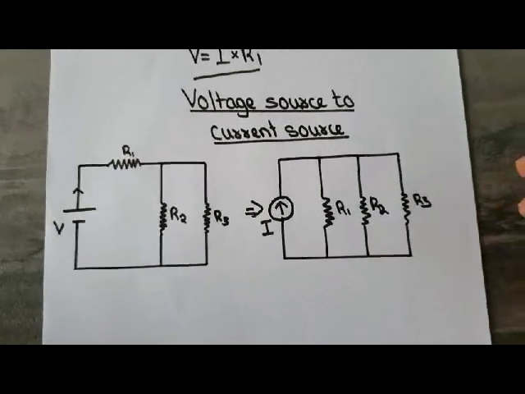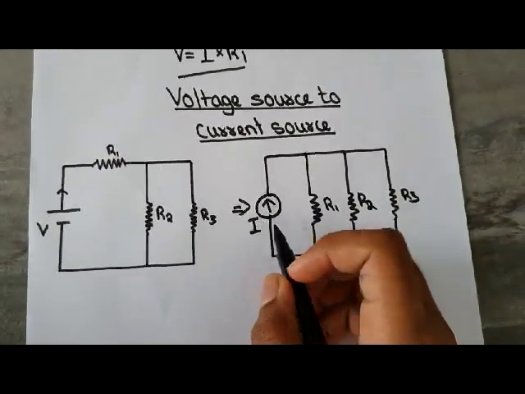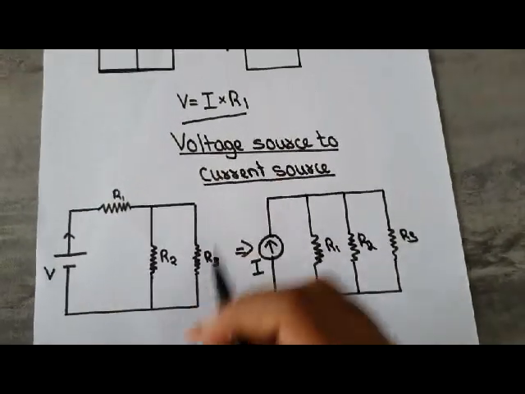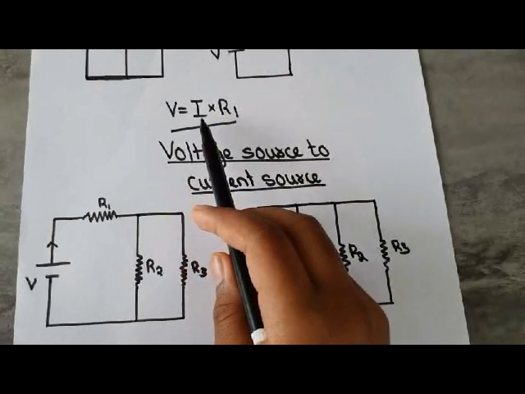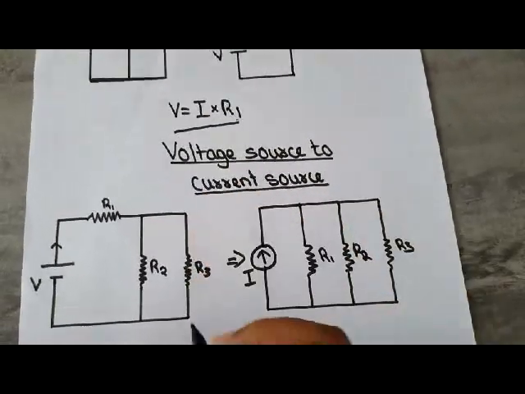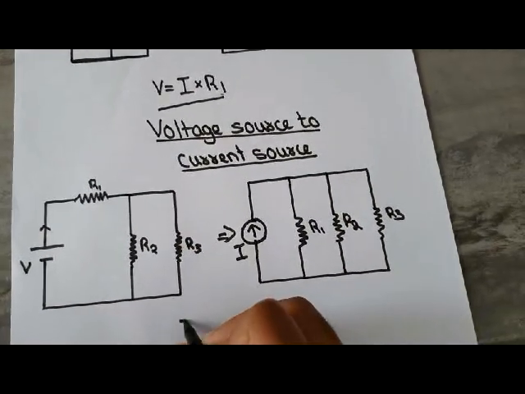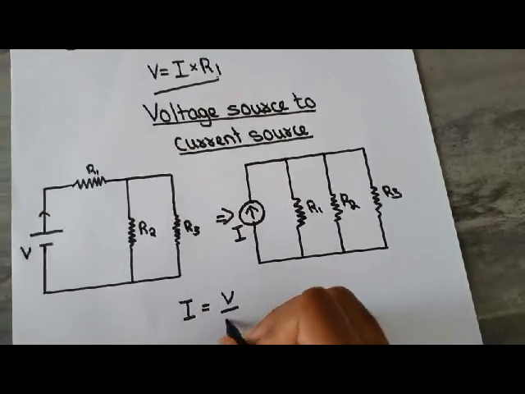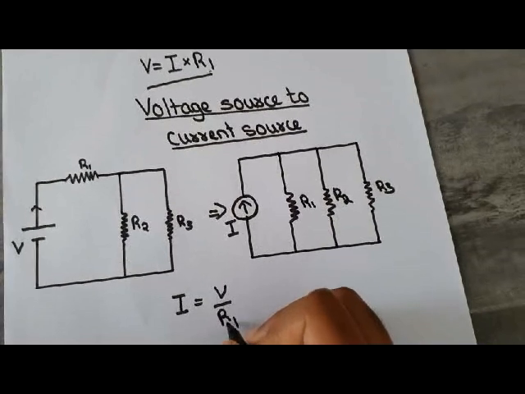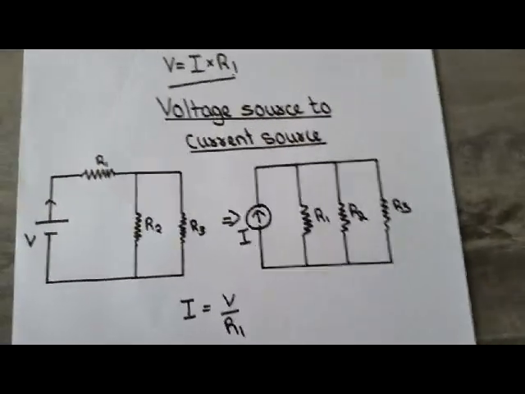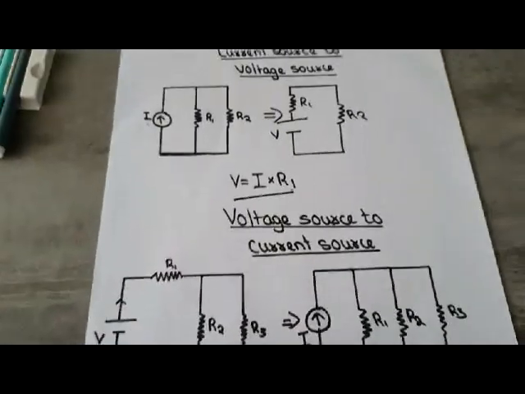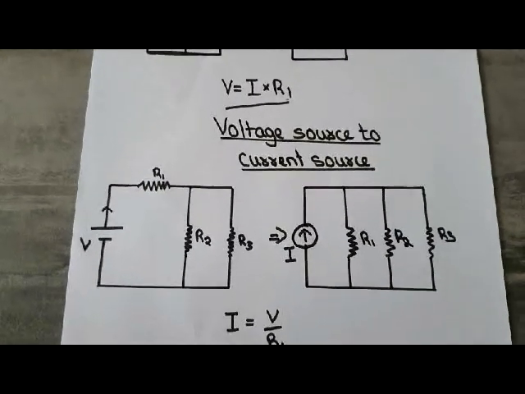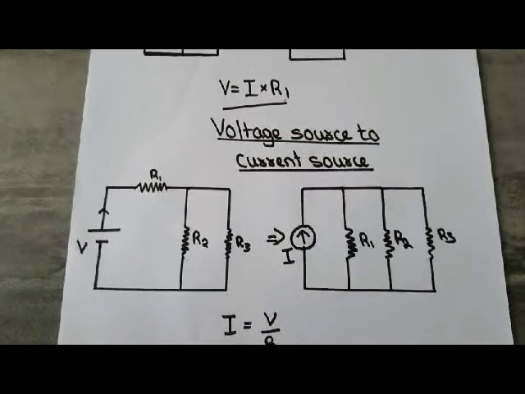We should find the current value I. If you know the voltage value, it's easy to find the current value like we used here: V is equal to I into R. You just rearrange the formula, I is equal to V by R1. So this is the basis to do the mesh problem, the mesh question that we are going to do today.